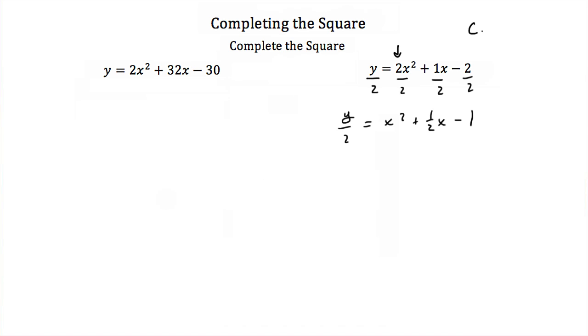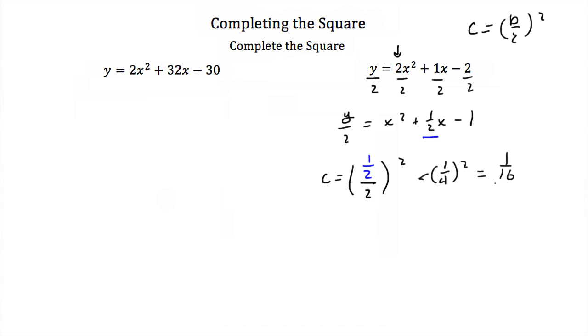We use c is equal to (b over 2) squared, where our b is 1/2. So if we have 1/2, divide by 2 and square it, that should get us our c. Well, 1/2 divided by 2 is equal to 1/4, and 1/4 squared is equal to 1/16. So we're going to have to add 1/16 to both sides.